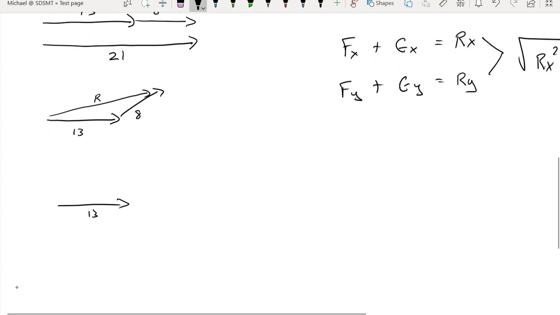Eventually, we will get our two vectors at a 90-degree angle, and at that point we can actually use the Pythagorean theorem to tell us what the resultant should be. So we would have 13 squared plus 8 squared, and we square root that, and this hypotenuse would be about 15.3.